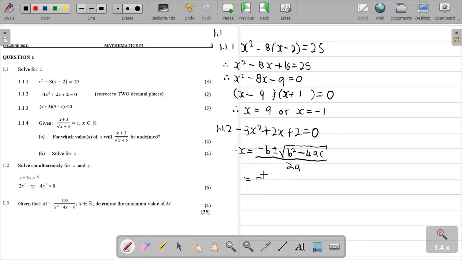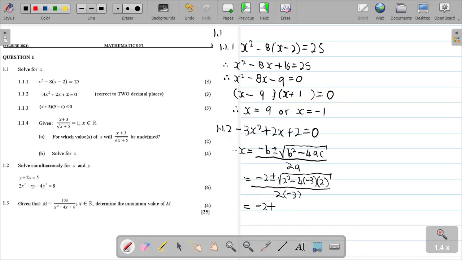So it's going to be negative 2 plus or minus the square root of 2 squared minus 4, then our a is negative 3, and then our c is 2. You multiply by 2, and then we divide by 2 into negative 3. Okay?